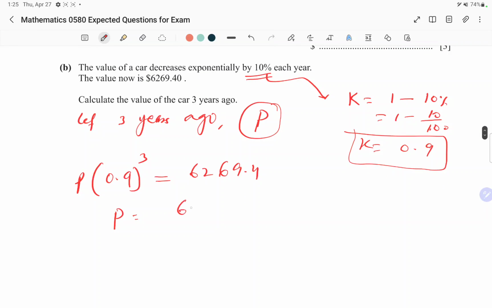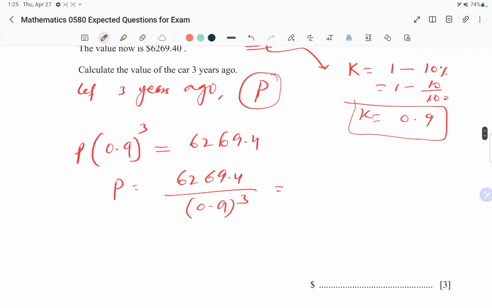So P is 6269.4 over 0.9 to the power 3. If we use the calculator over here, then we can get 8600. So $8,600.